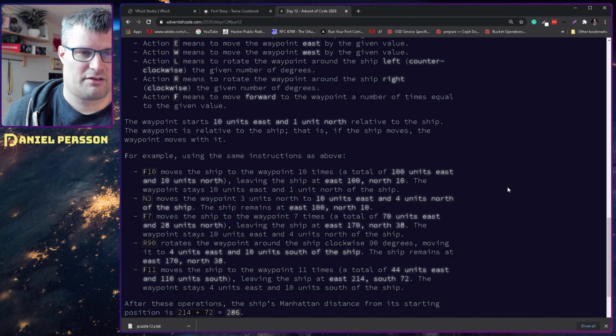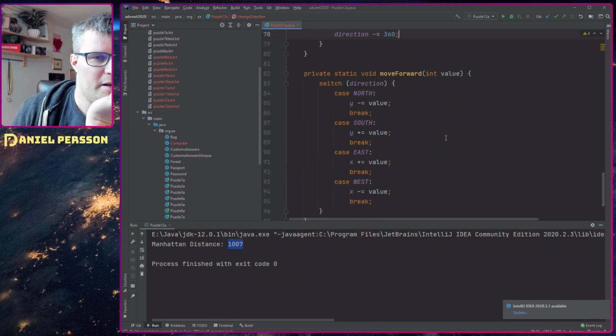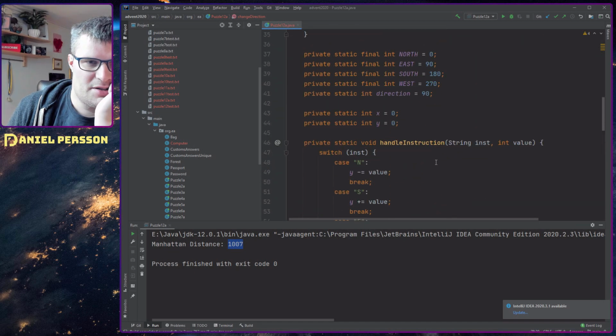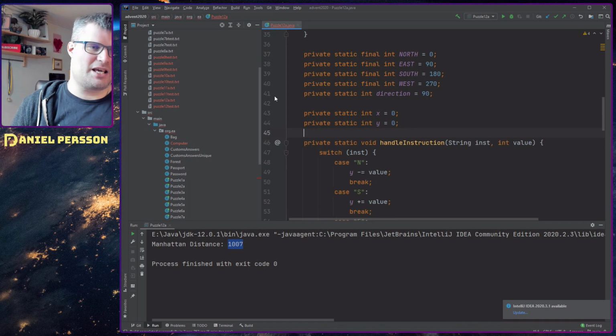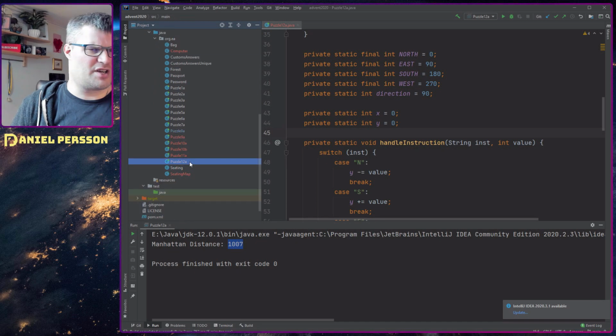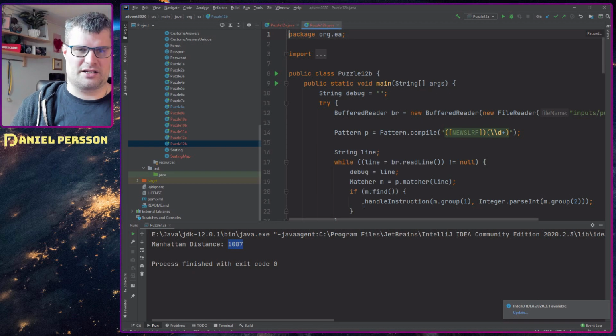Okay, so let's get back to our code here. So now we need to have a waypoint, private static int waypoint. I think we can actually keep this because this will be something totally different. So let's keep it and create a B example here.